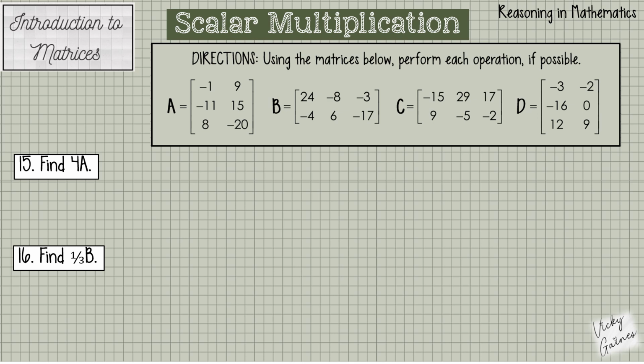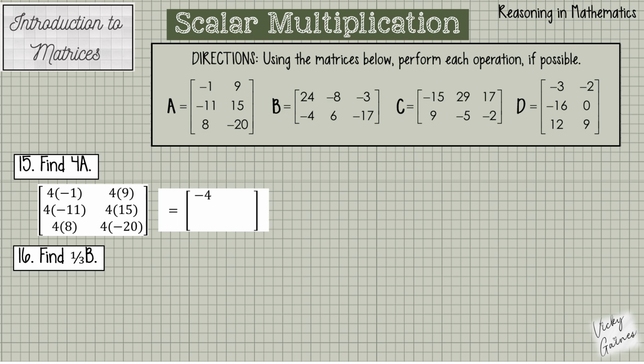So we have our same matrices, and we need to find 4A. So we need to multiply every single term inside of A, each element, by 4. And we're going to get -4, 36, -44, 60, 32, and -80.